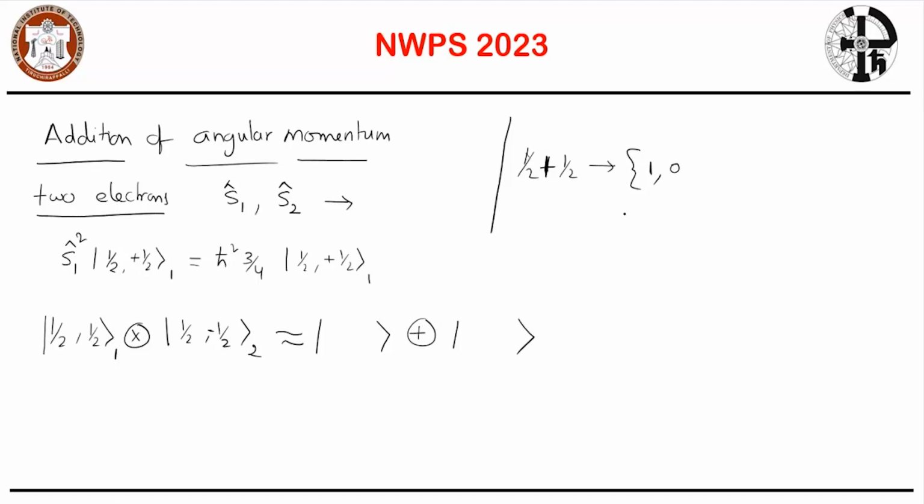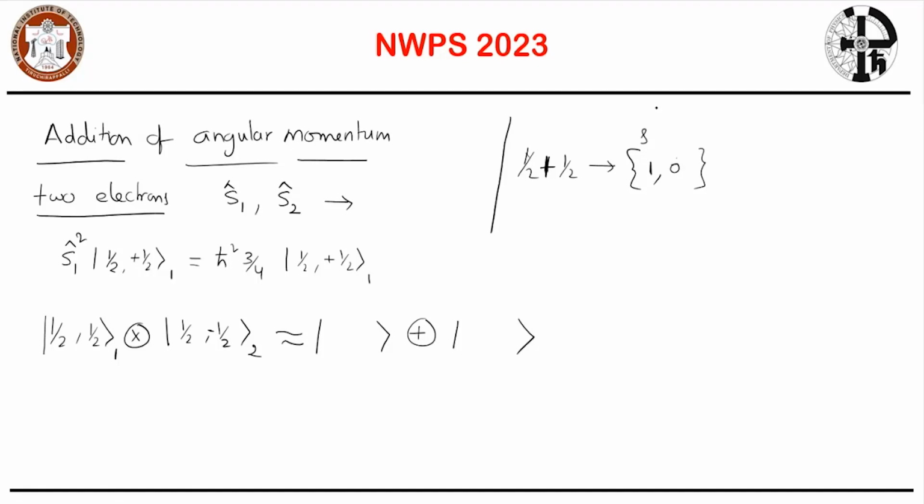Next one is 0. And that is all, 1 and 0. So if you have two electron wave functions, they can be written as 1 and 0 also. Here the spin is 1, here the spin is 0.